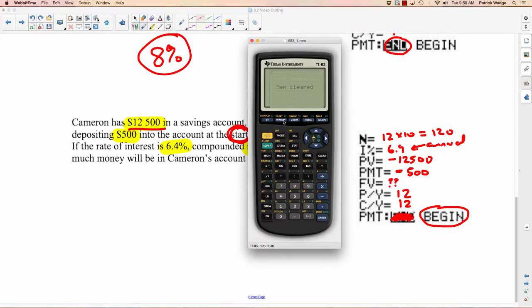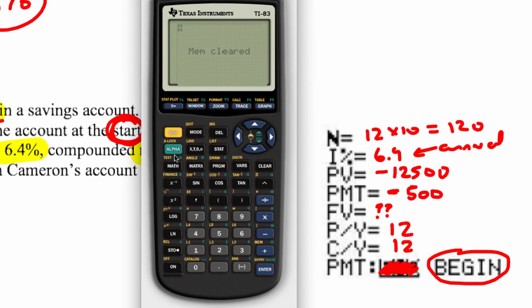So give me a second here. Okay, here we go. So remember, we're going to hit second, and this one for finance. Hit number 1. And here we go. Our N value is 120. I'm going to use the keyboard, it's faster. The I is 6.4%. The present value is negative, so I've got to hit this button right here: 12,500.